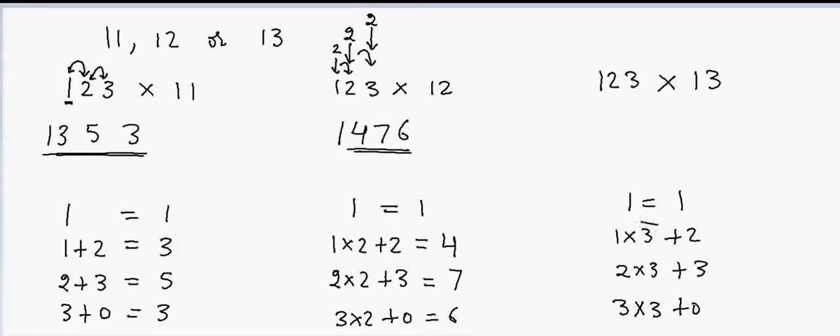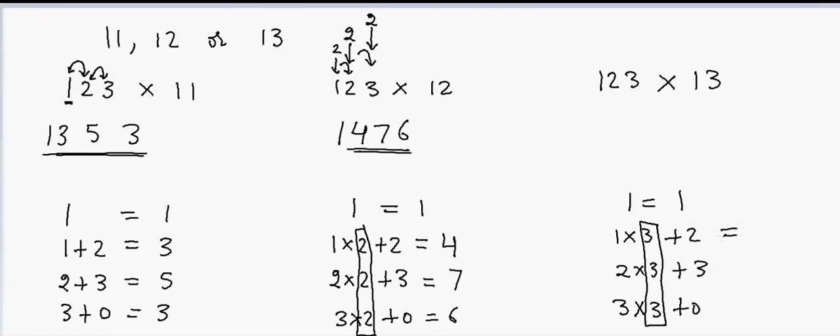So if you look here, I multiplied all the numbers by 3. Here I multiplied all the numbers by 2, and here I did not do any multiplication because it was 1.